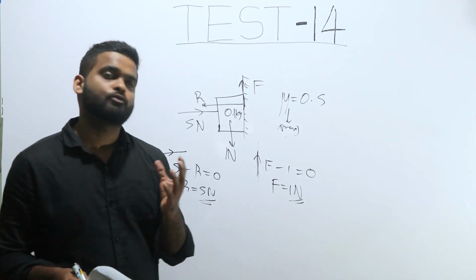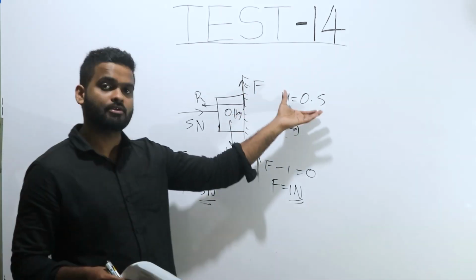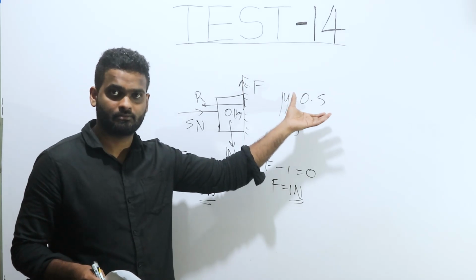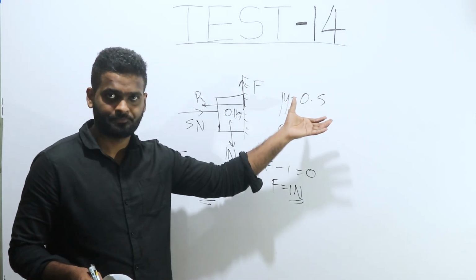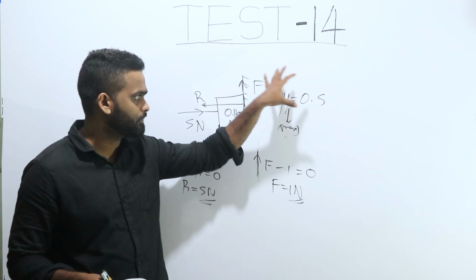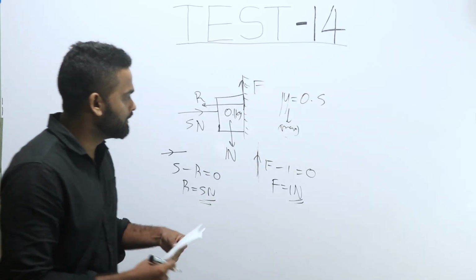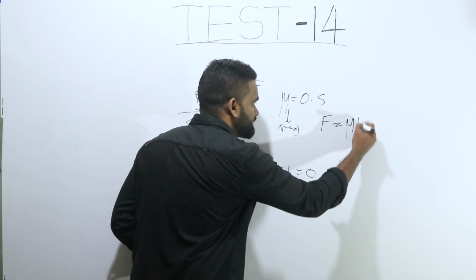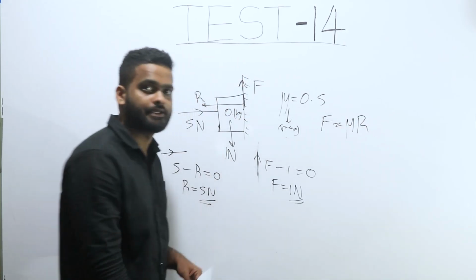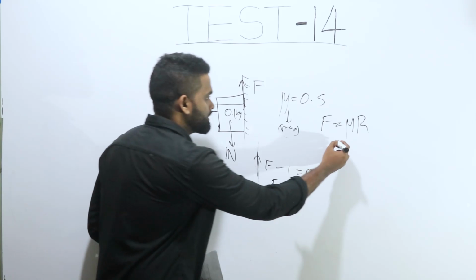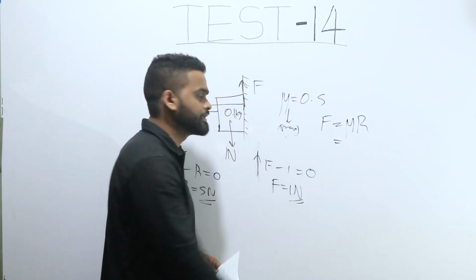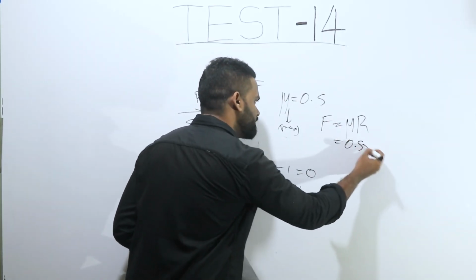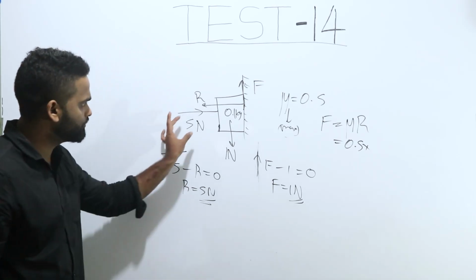But you may be wondering why they have given this 0.5 limiting friction. If you apply this, you can calculate that friction by the mu R equation. So mu is 0.5. R we found as 5.